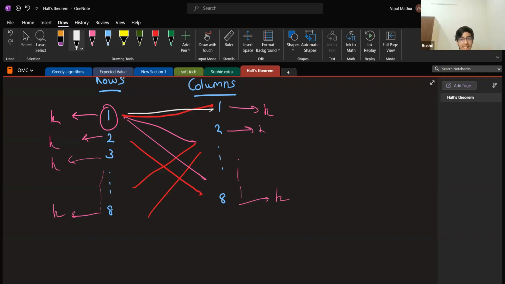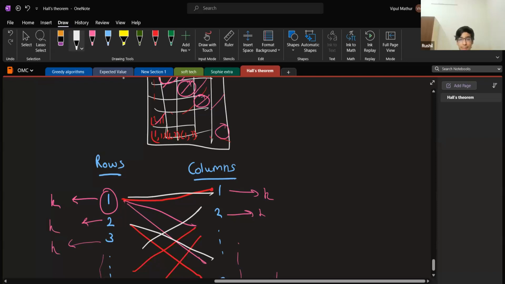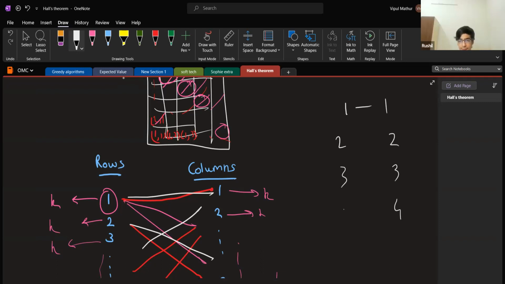And what a perfect matching does for you is pair up rows and columns so that there's no repeat. Let's say your perfect matching gave you 1 with 1, 2 with 3, and so on. I'll just do it till 4, something like this.